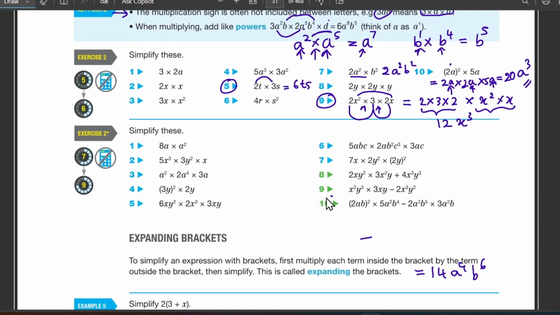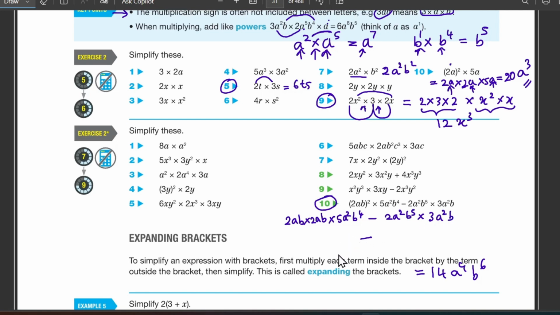And when it comes to this one, I'll do the 10th question. So here we can expand 2ab times 2ab times 5a squared b to the power 4 times 2a squared b 5 times 3a squared b.